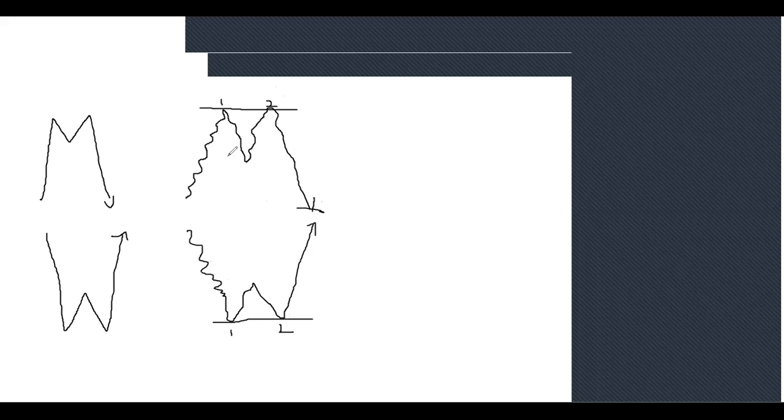So this actually looks like M and W. This looks like M, and this looks like a W. Okay, so let me put the name: double top, double bottom.